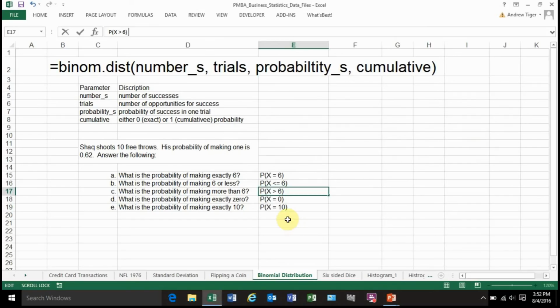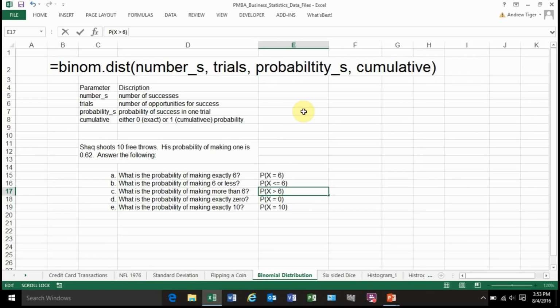In Excel, this is the formula that you use, the BINOM.DIST. It has 4 arguments. One of them is called the number_s. Trials is the second one. Probability_s is the third one, and cumulative is the fourth. This number_s is the number of successes, and the next argument is out of how many.